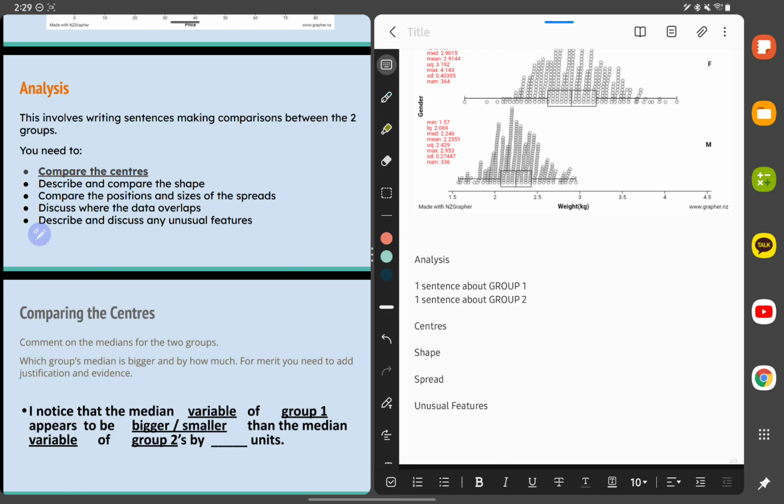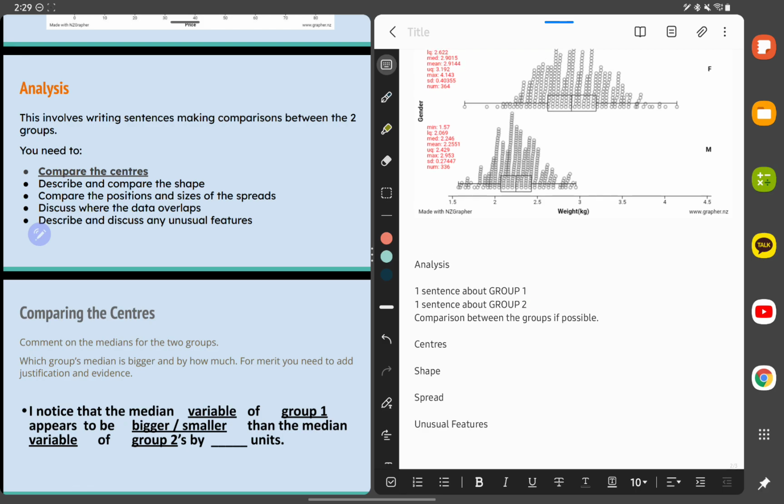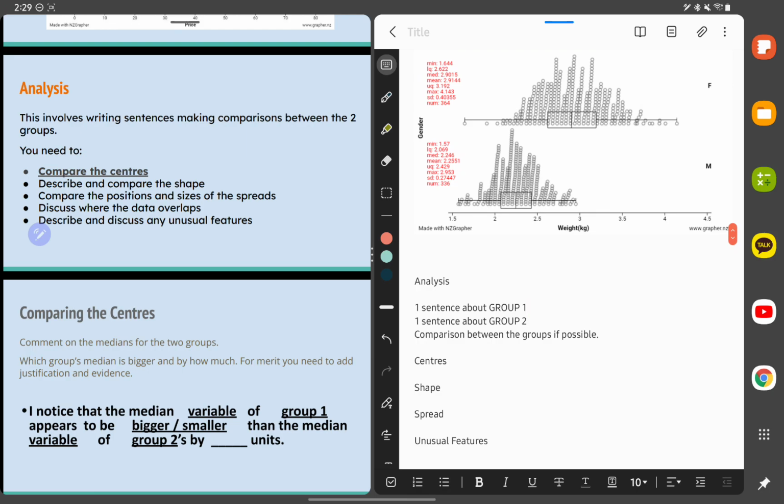So we're going to have one sentence about group 1, one sentence about group 2, and a comparison between the groups if possible. So for me, if I'm talking about center, I'll tell you the center for the females. Another would be, this is the center for the male. And then the comparison would be, the center for the females is higher or lower than the male center by how much, right?